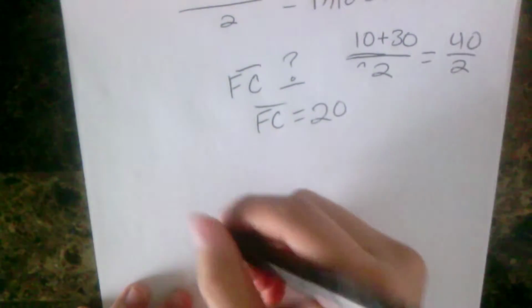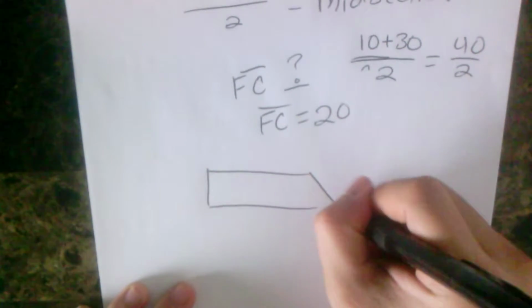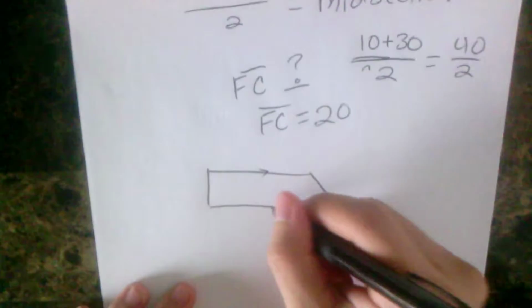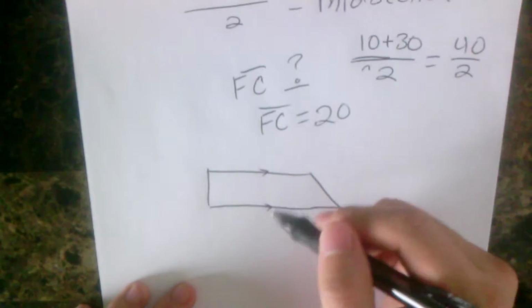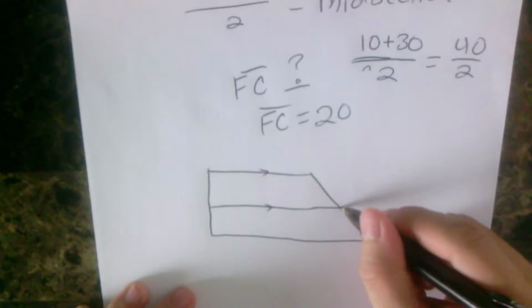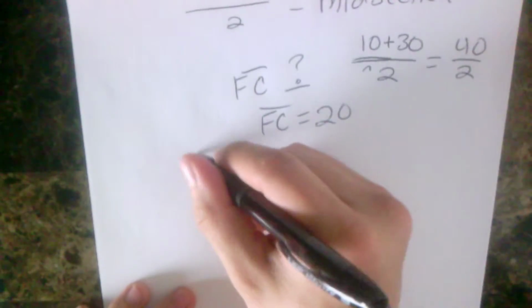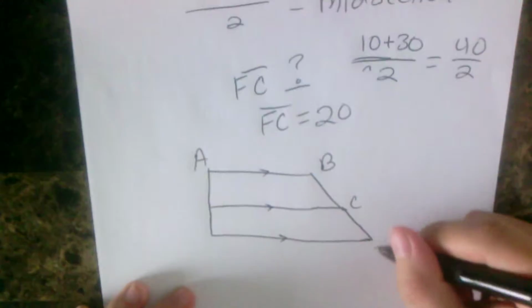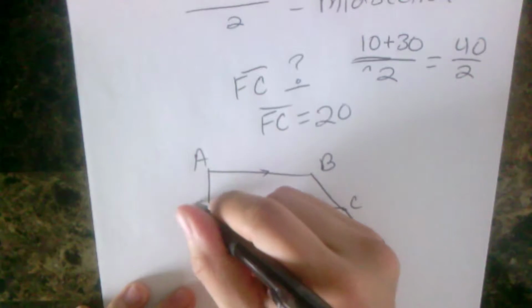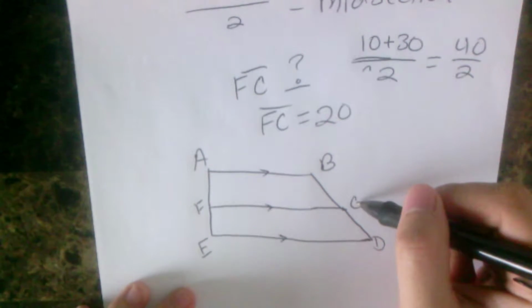So on your test, you're also going to get a problem that looks like this. So here's a trapezoid. And again, on all these trapezoids on your test, they're going to be marked and notated like that, but I've just not really been doing it. So there you go. So again, we'll just make it the same letters: A, B, C, D, E, F. And FC is still the midsection, okay?